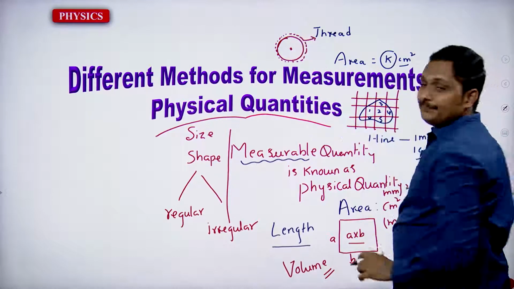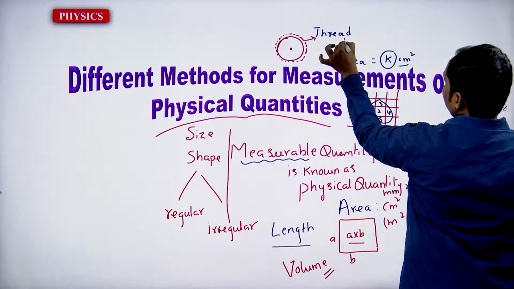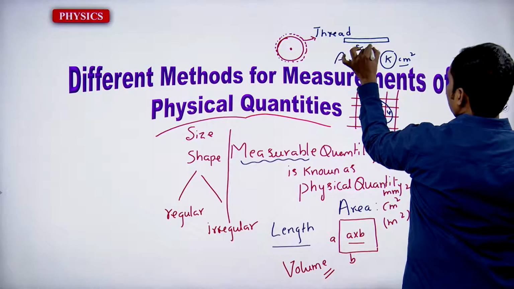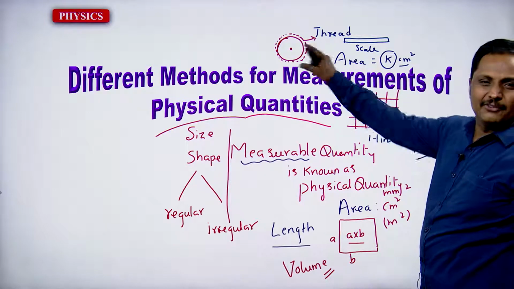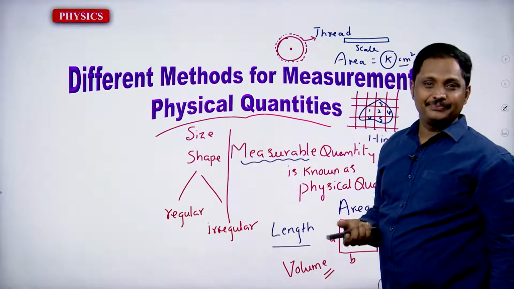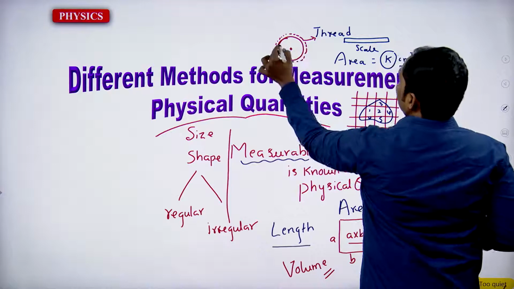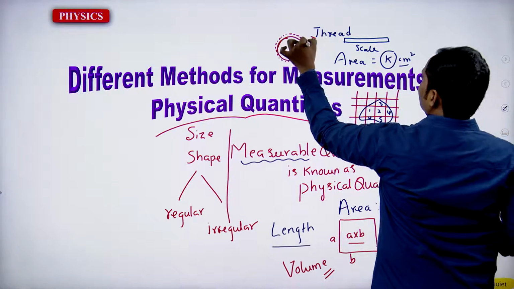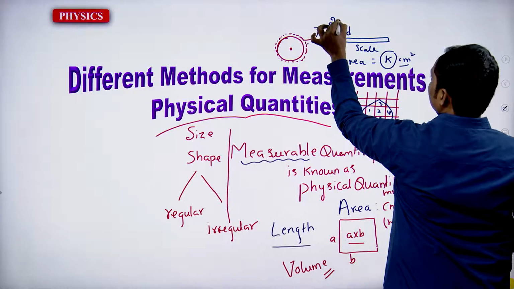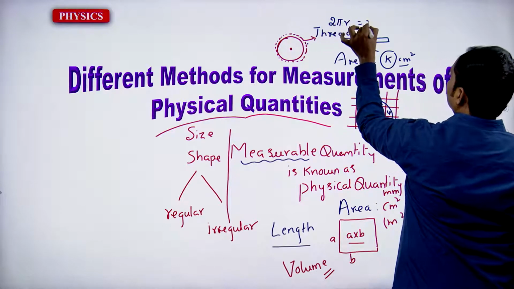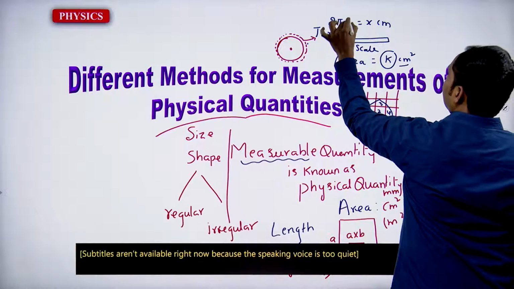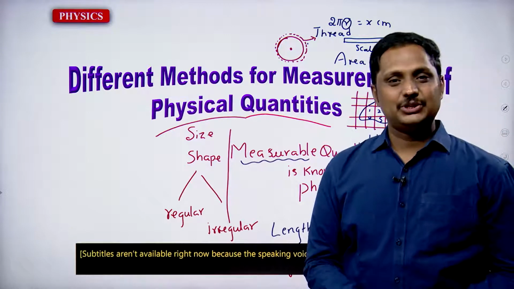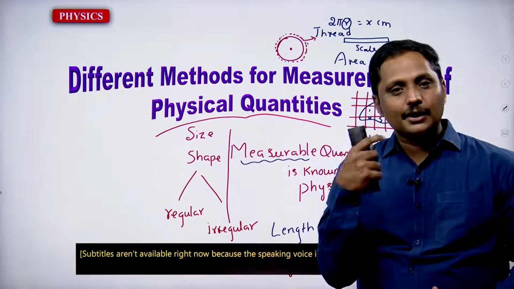You will keep the thread on a scale and take the measurement. Easily you will find that area, and you can take it as a circumference. It is going to be r equal to some x centimeter. Easily you will find out that r. So, different methods are there that we will approach.